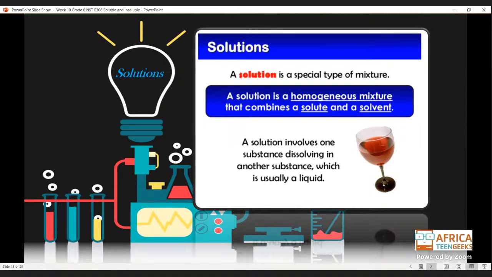Would COVID-19 be a heterogeneous or a homogeneous mixture? Well, now that is very interesting, it is a virus. Can you see it? Okay, so in this example, a solution involves one substance dissolving into another substance, which is usually a liquid.